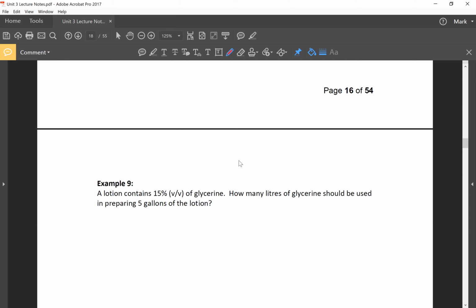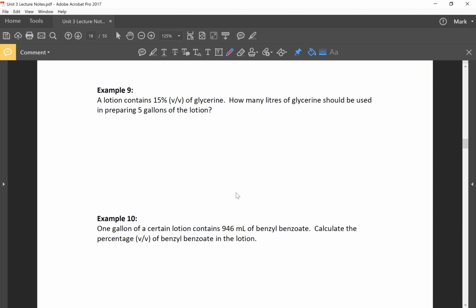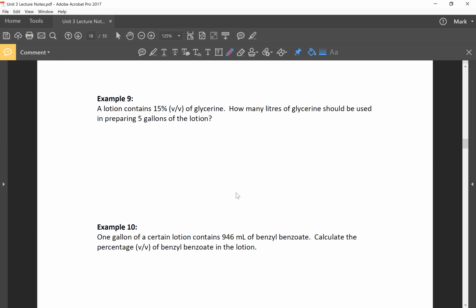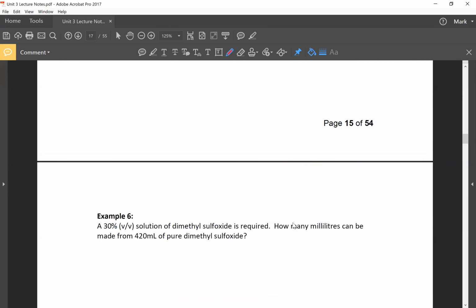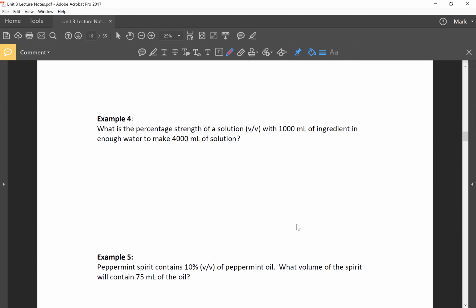Let me do one more, and then let me do one up above, and then I'll get into example 9 and 10, because what you'll notice with number 9 is we have liters and then we have gallons. So let me come back to those.